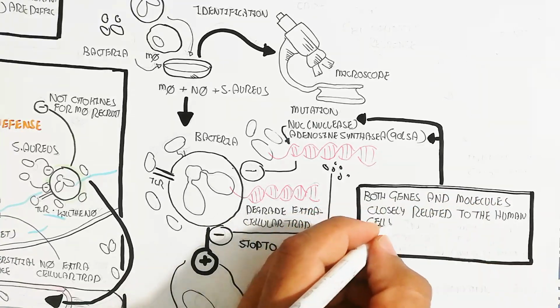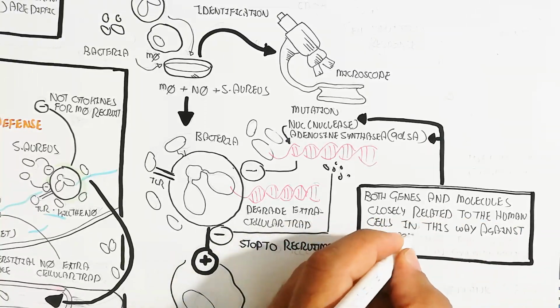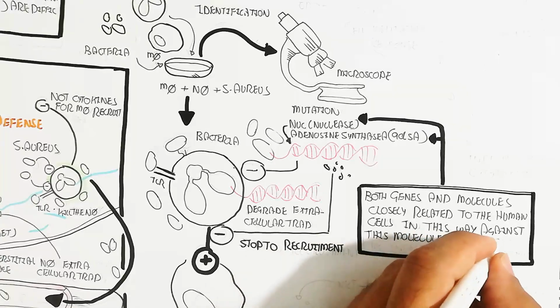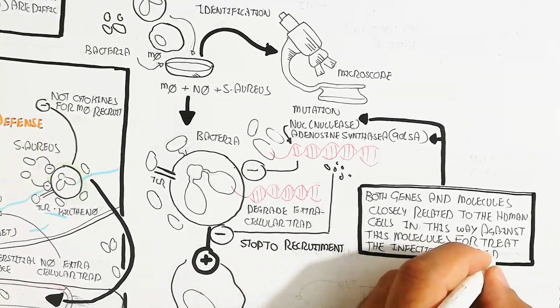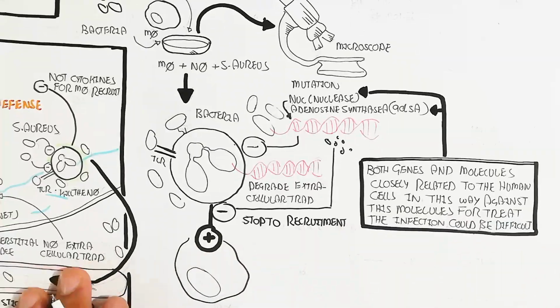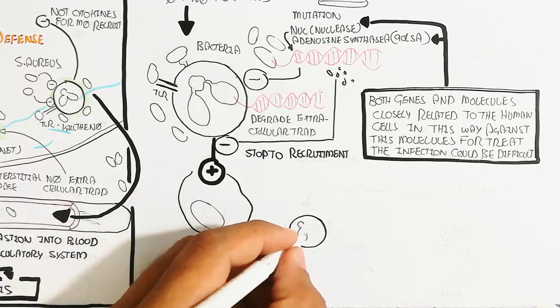Both the gene and the molecules are closely related to human cells, so treating the infection by targeting these molecules could be difficult. These two molecules are important for the degradation of the NET, and the NET is very important.